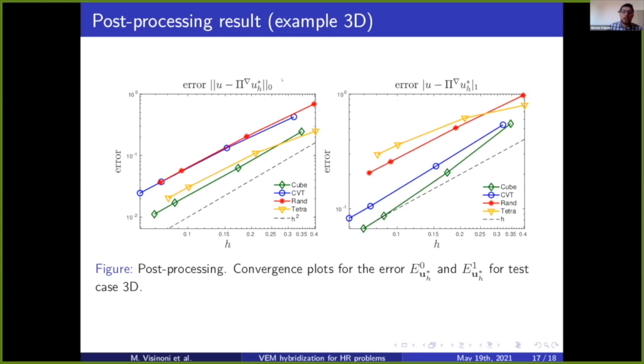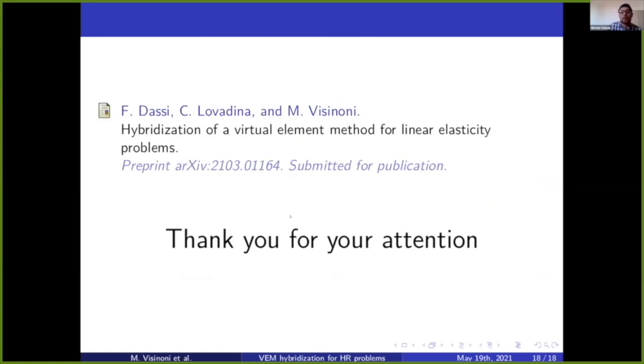Here is the post-processing only: the L2 error norm and the broken H1 semi-norm, and the convergence rate with respect to the rate that we have from the analysis. That's all. Thank you for your attention.